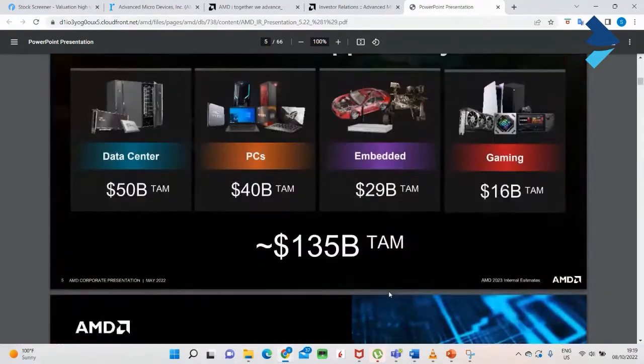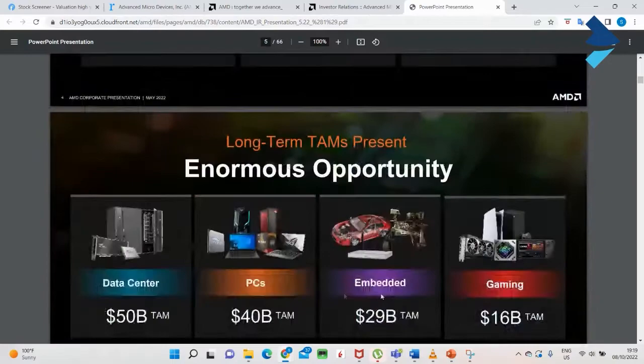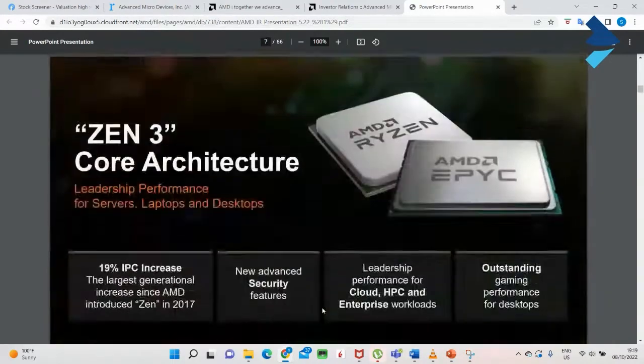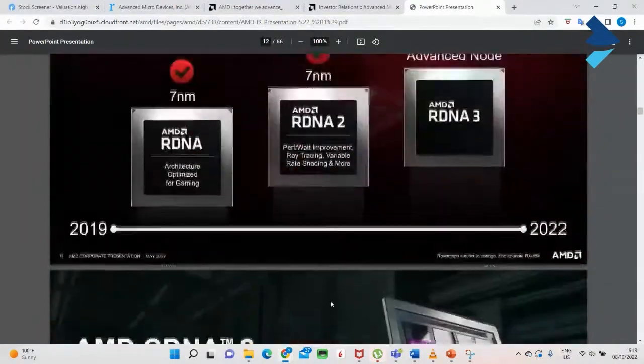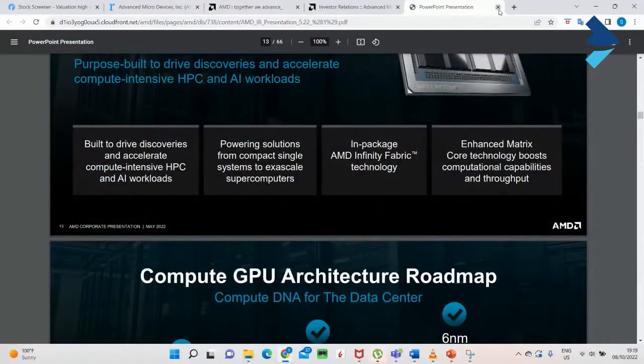And so it tells you about all what it's doing. PC market कितनी बड़ी है, gaming market कितनी बड़ी है, and a lot of really nice stuff जो कि really gives you a good sense of what's going on.